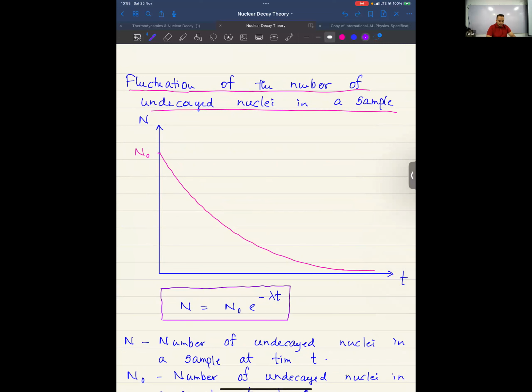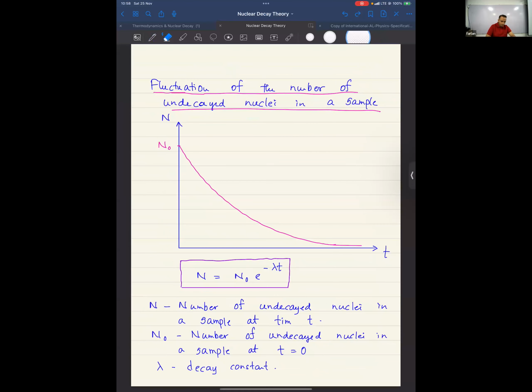The equation is given by N equals N naught e to the power minus lambda t, an exponential decay equation, where N naught is the initial number of undecayed nuclei at the beginning, lambda is the decay constant, and t is the time. So this capital N will be the number of undecayed nuclei remaining in the sample after time t.